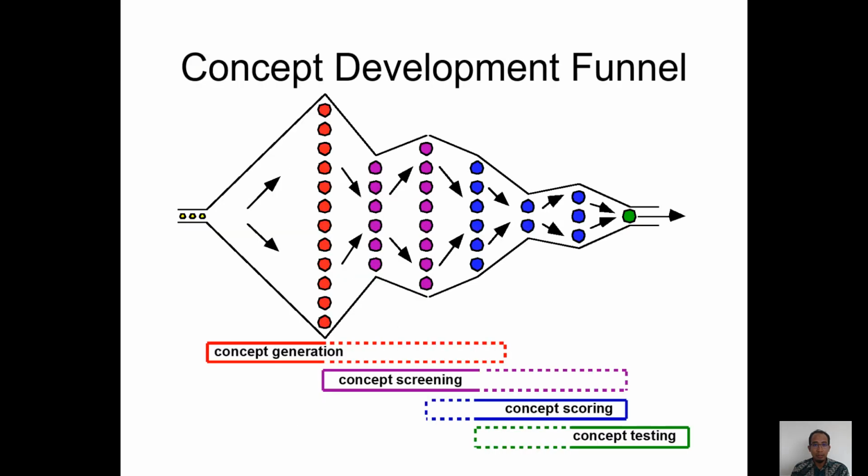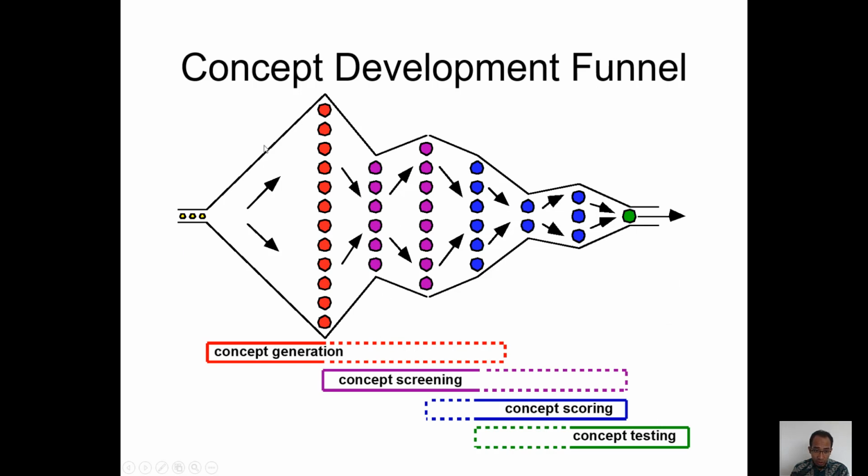Okay, so we have something called the concept development funnel here. Usually in the red part we will have concept generation. We will have a lot of concepts here. There will be concept screening like in the purple part here, and we will have concept scoring, this blue part. So we will narrow down the concepts again by using scoring, and we will end up with concept testing.